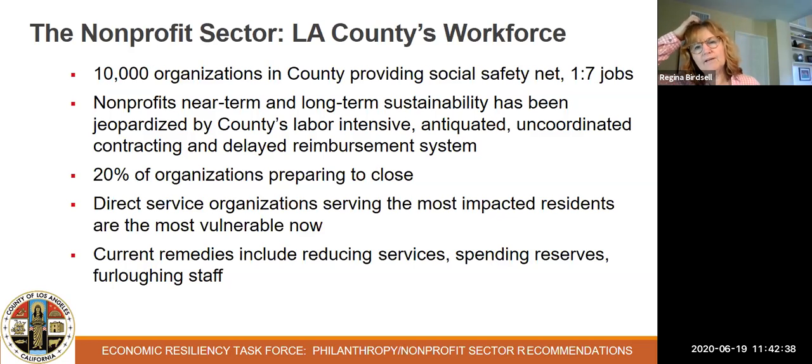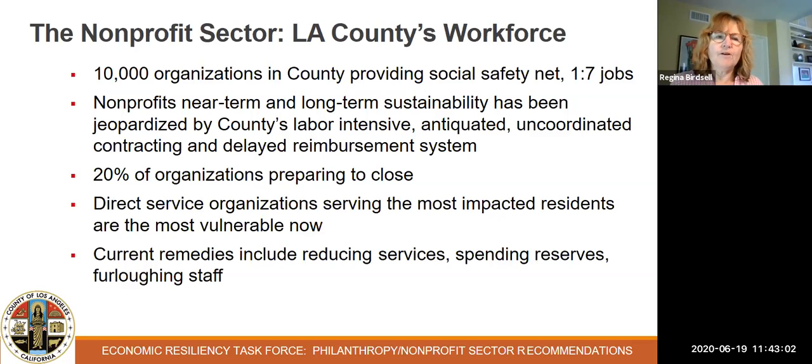We know that one of the things that jeopardizes our sector's sustainability is the way that the county contracts. It's an antiquated system, it's an expensive system, and it's an uncoordinated system. That means that we're all spending a lot of work hours trying to figure out how to get the paperwork done, and that's not a good use of time and money at this point.